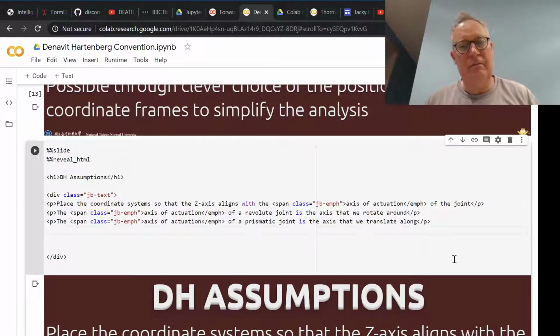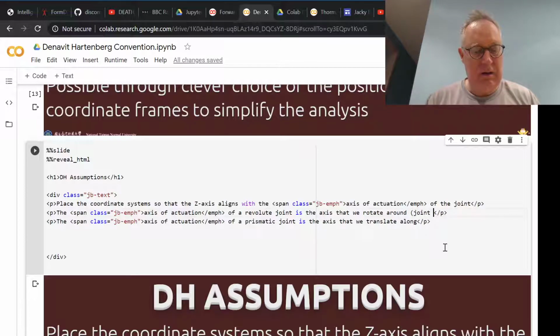So then, the joint variable is also associated with axis x then.